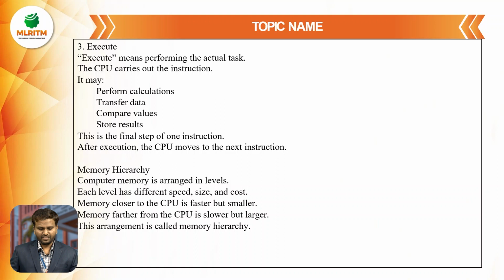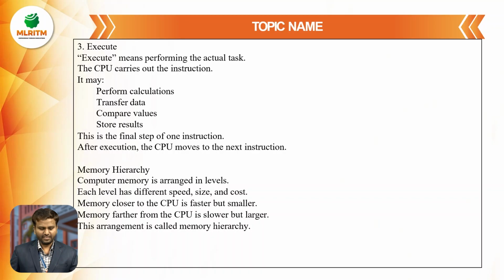After execution, the CPU moves to the next instruction. So for each instruction, three steps are performed: first fetch, the code is fetched; then decode, the code is decoded; and execute, the code is executed.